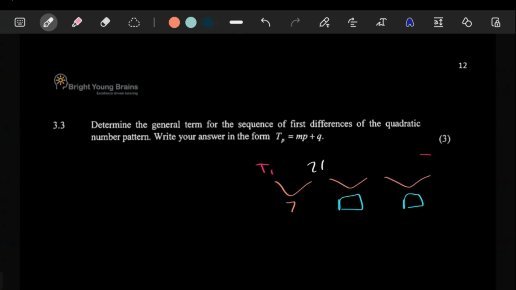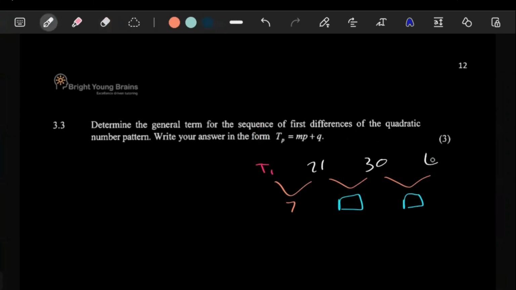Term number 3, let's put 3 in our space for n there. And then we have 30. There we go. And then afterwards, let's put 4 where n is. This is 41. There we go, 41.